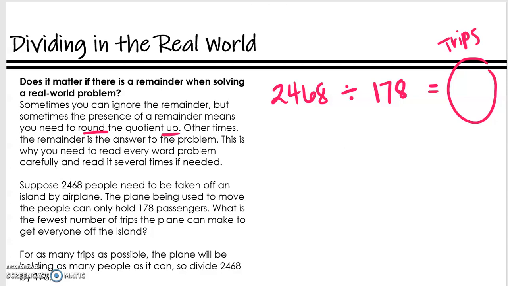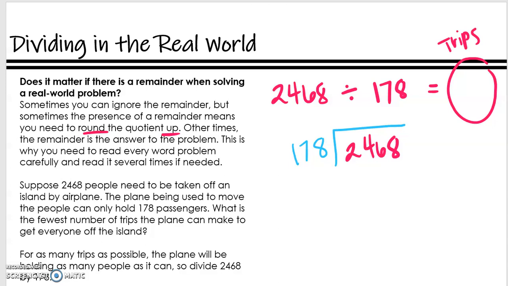Okay, so let's try this. 2,468, we're dividing that by 178. Okay. And if I think about maybe 200, rounding that up to 200, rounding this to 2400, okay.